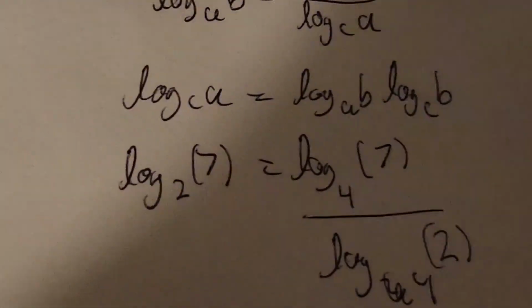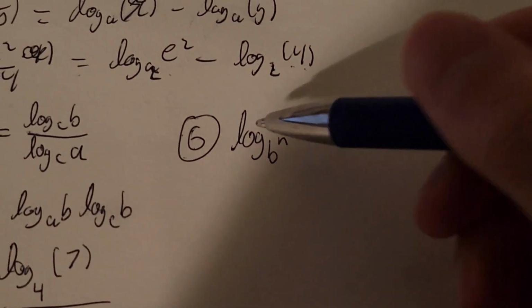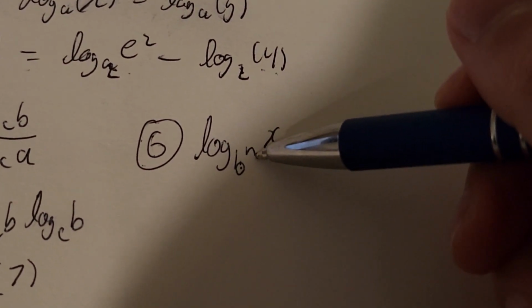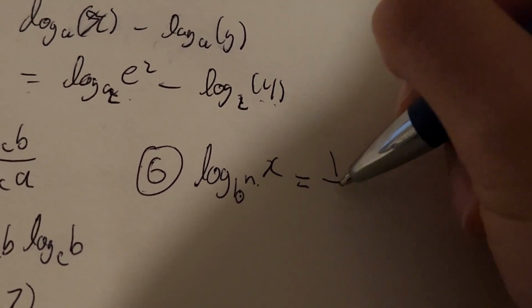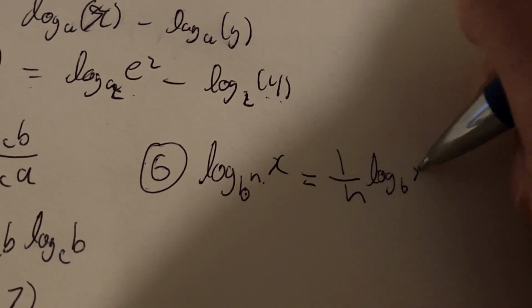All right, here's another rule. If we have log with a base that is put to the power of something, n, of x, we can rewrite this as 1 over n times log base of x.